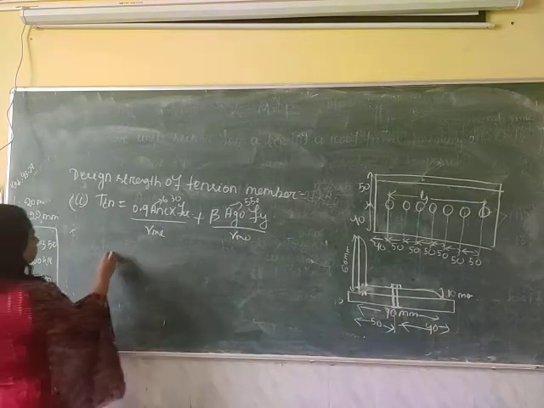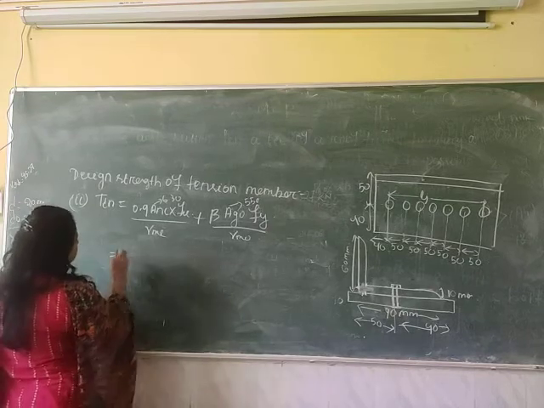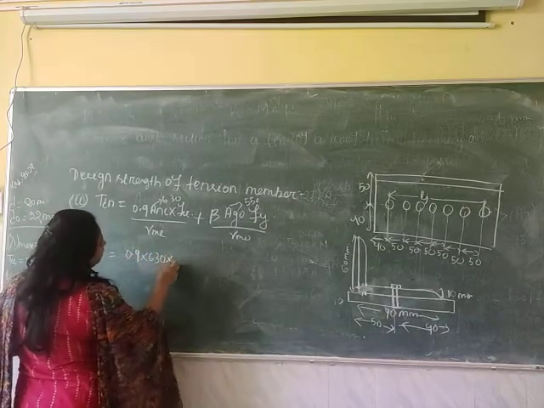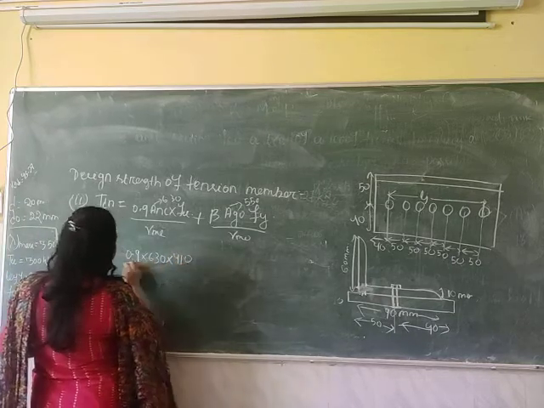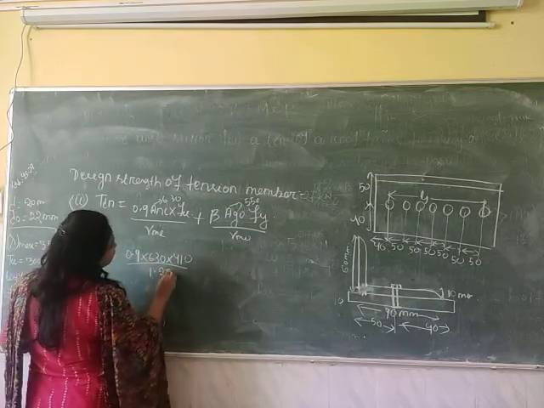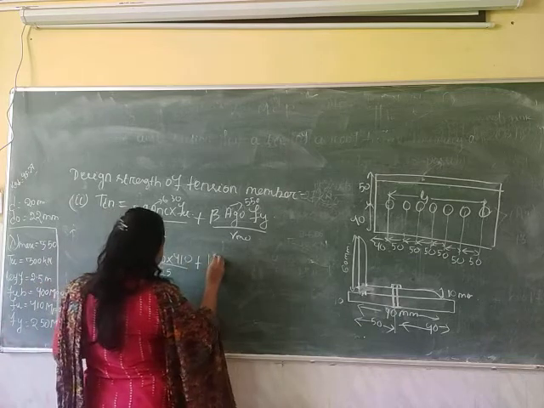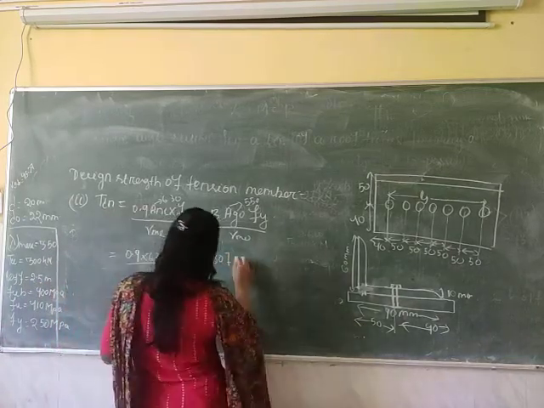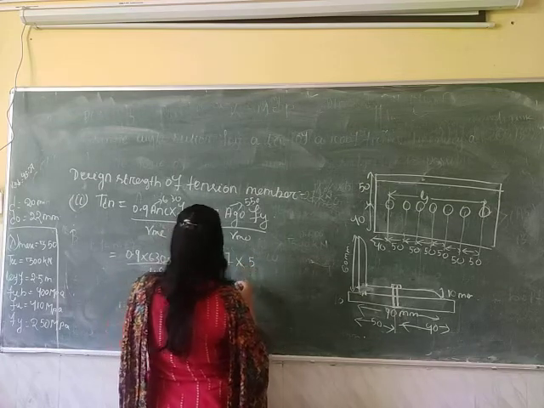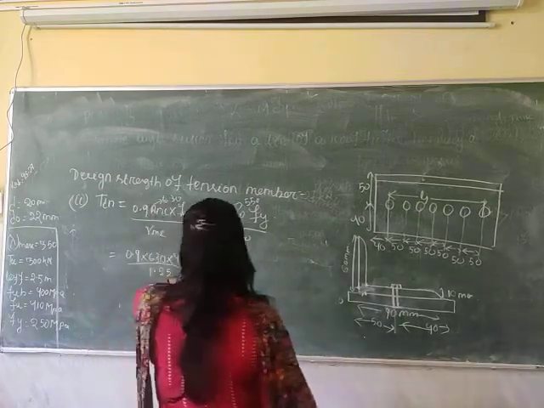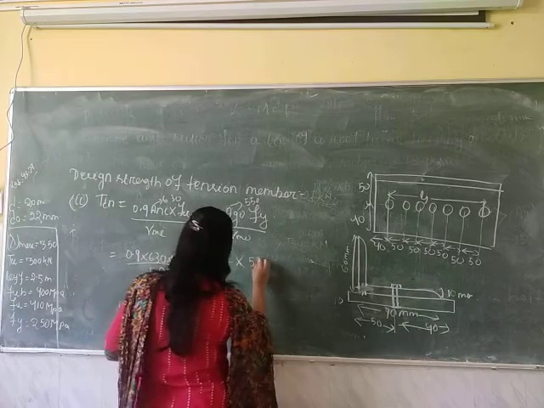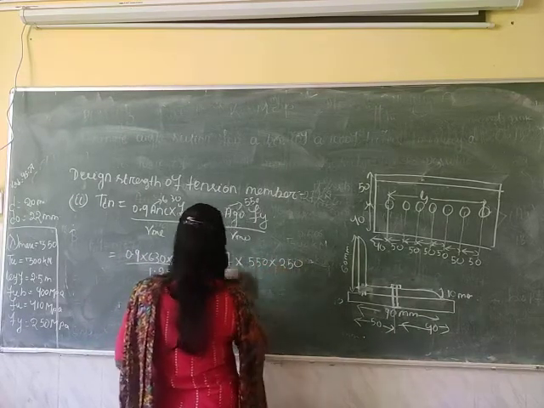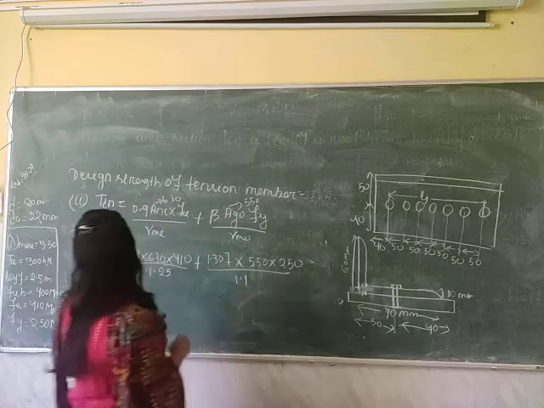So, now put all the values here. 0.9, this is 63, Fu is 410 divided by gamma m1 is 1.25, plus beta 1.307, as you notice the outstanding leg area is 550, into Fy is 250 divided by gamma m0 is 1.1. Okay.